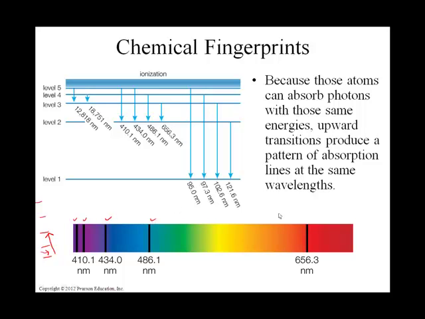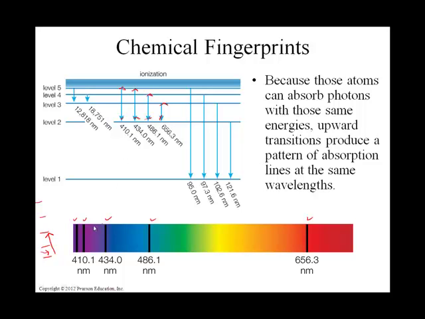One thing I would have changed about this figure: if this is dark line spectra, we should show the arrows going up instead of down, because it's as the electrons go to a higher energy state that a certain amount of energy is absorbed.